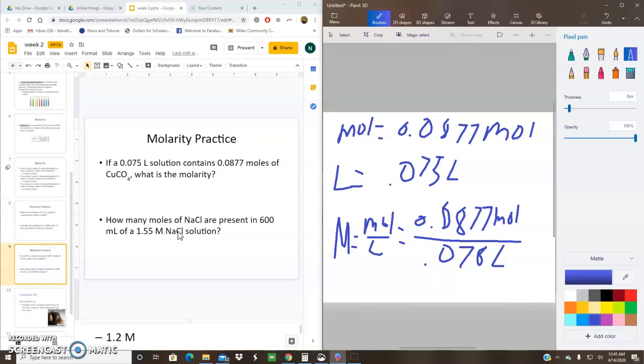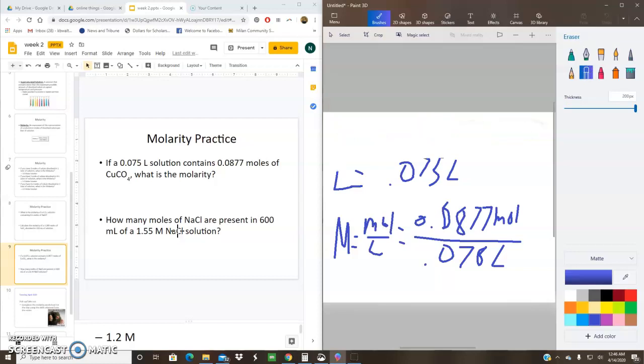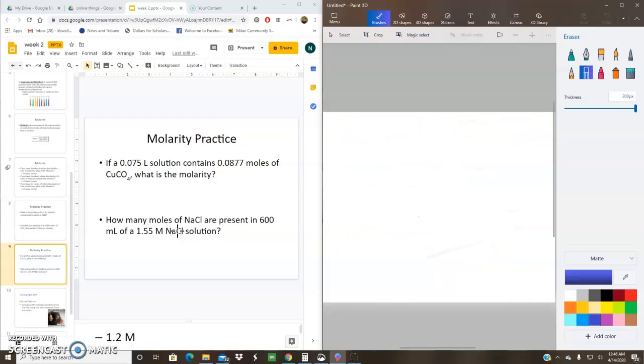Please make sure that you're actually putting these into your calculator and solving for it. Me solving equations in front of you is not the same as you doing it yourself. I know these seem easy right now, but when you're doing them by yourselves, you might need the extra help, might need the extra experience.